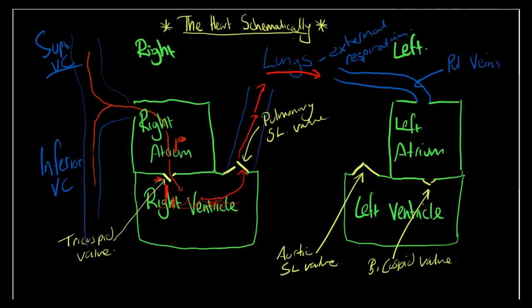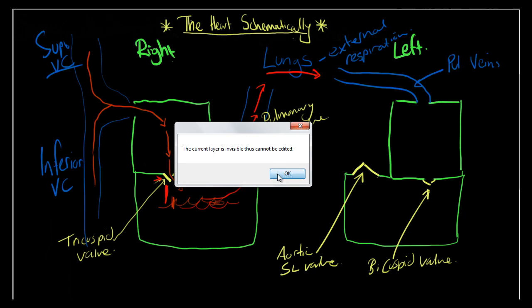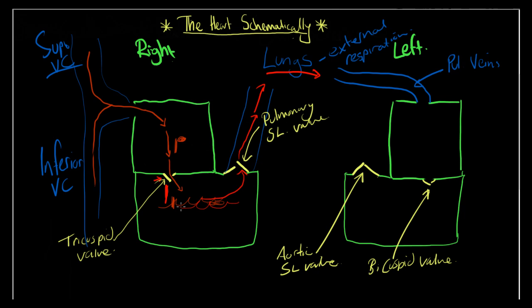So let's just trace that drop of blood. We've come in here, and we've come into our left atrium. Now our left atrium starts to fill up with blood. It's all very good. Eventually we get left atrial contraction.